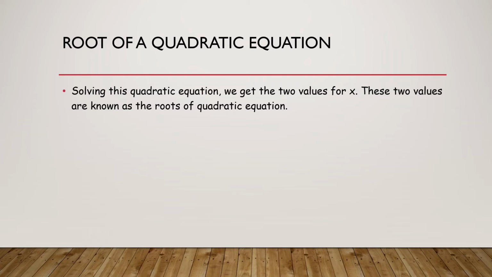While solving a quadratic equation, usually we get two values for x. The values assigned to x are known as the roots of that particular quadratic equation. So, the unknown in a quadratic equation will have two roots.